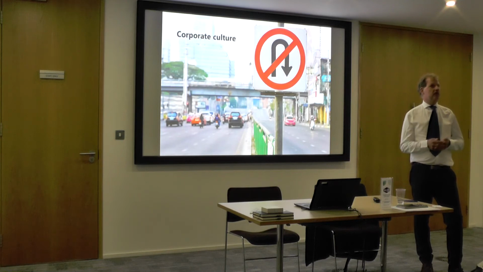So if we have an organization that says we are running full speed ahead, everybody should drive in one direction, we cannot change how we're driving, we cannot go slower, then we have a challenge. If we look at digital transformation, why do we need to do it? Because it's a disruption in the market.